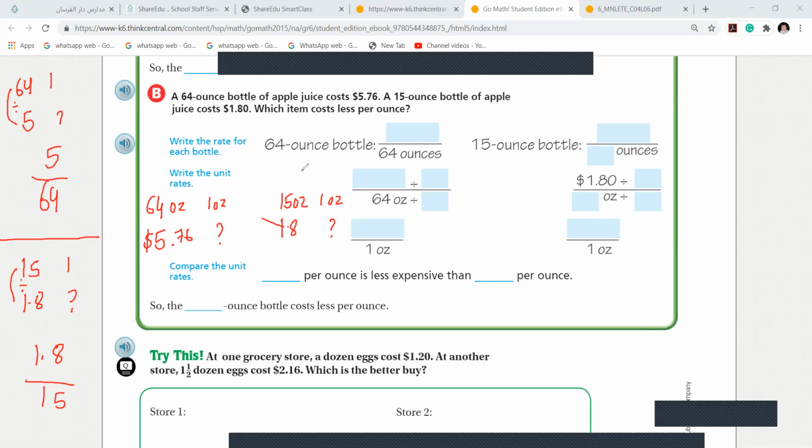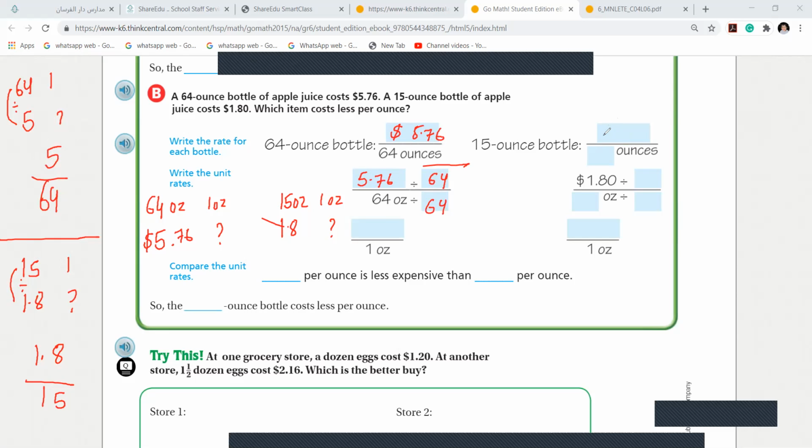Okay, so we'll write here. For this one, it is $5.76. I will divide with 64. I'll write here 64.